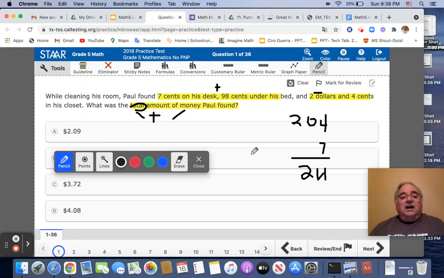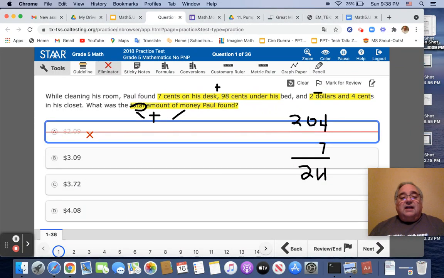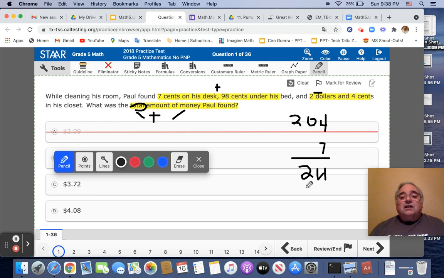But you know what? I can go ahead and eliminate one of the answers because I know it's not that. It's not 209 because I already got 211. So let's go back to the pencil. I got 98 cents to add. 1 plus 8 is 9. 1 plus 9 is 10, so 0.